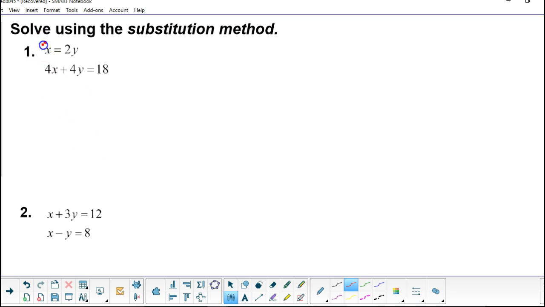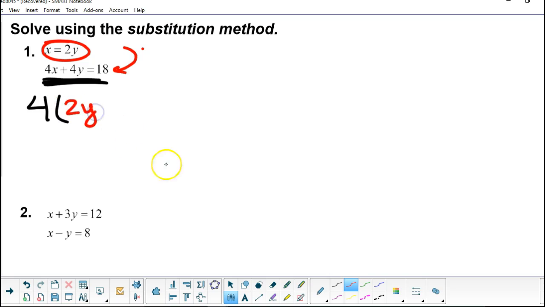As we said, we found that x is equal to 2y in this first equation. So we're going to take that and plug that into this second equation down here and make use of it to help us solve the equation. Now, I'm going to basically take this equation, 4x plus 4y equals 18, and rewrite it. And in place of the x, now I can put in 2y, because x is equal to 2y.